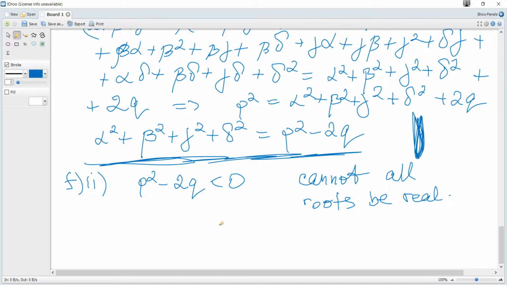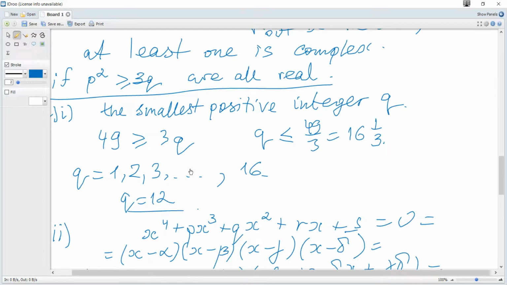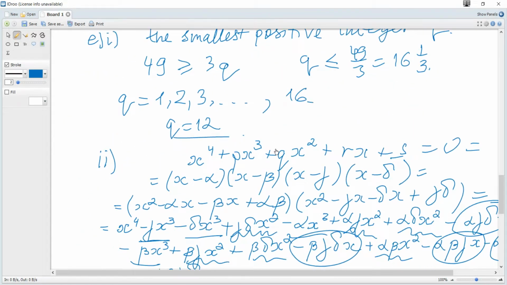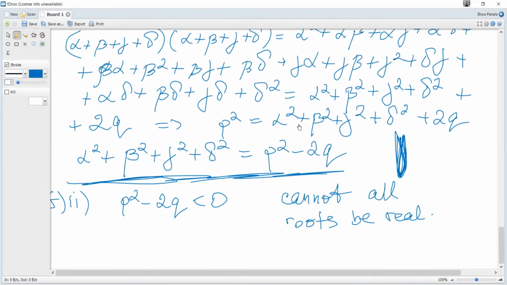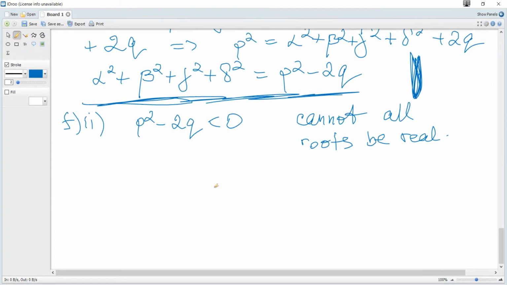Notice that the opposite statement is not true, but this statement is definitely true. It's similar to the cubic, and you remember this conjecture that the opposite statement, all are real, is not true. And for this equation of degree 4, the opposite statement is also not necessarily true.